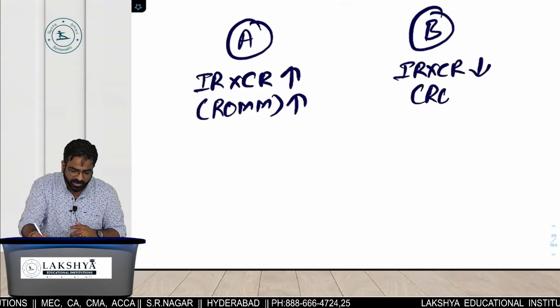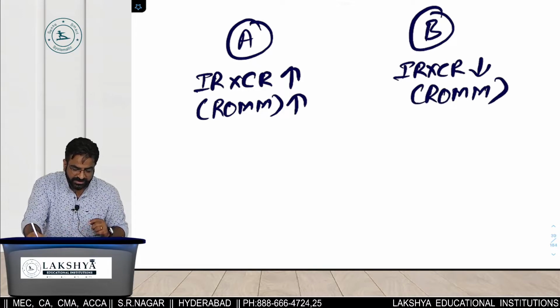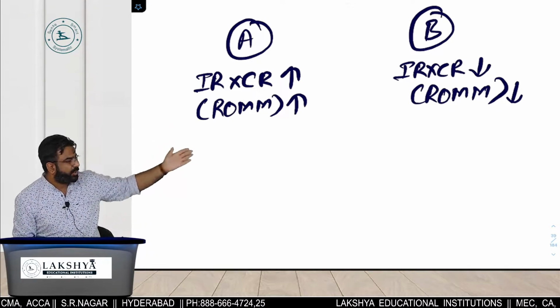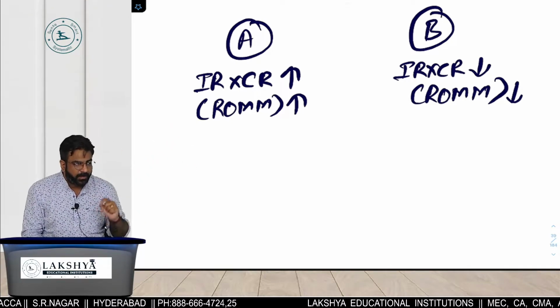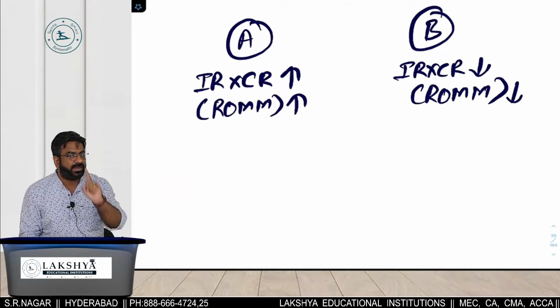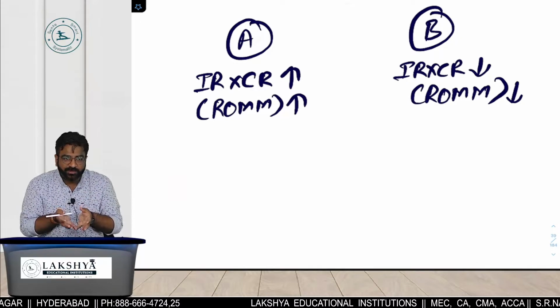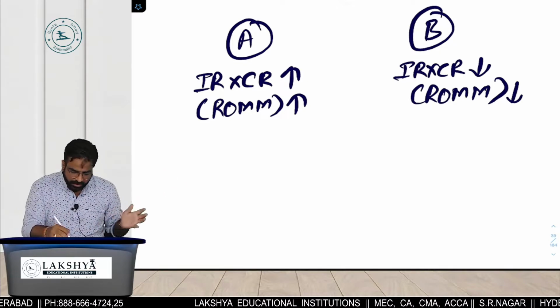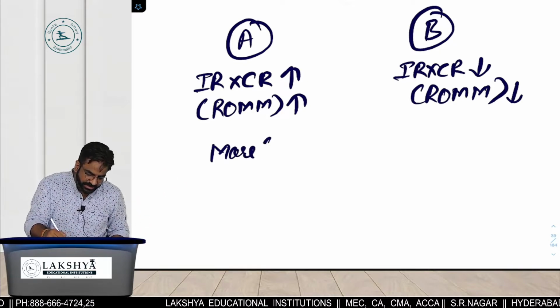It means ROMM was what? अब सुनना ध्यान से. When you already know that in the client A's place, ROMM is very high, what kind of coverage you would like to have? Would you like to cover more testing, more sampling or less sampling? So can I say that more coverage?